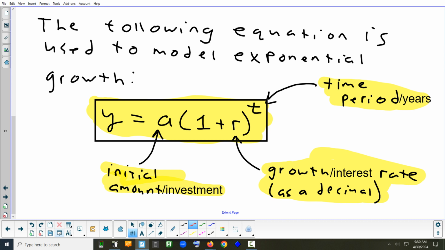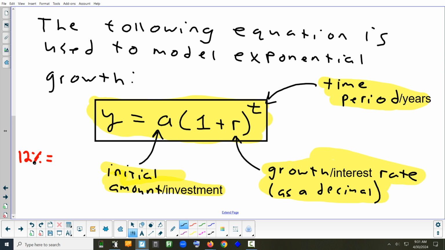Now, under growth rate, what does it say in parentheses about the growth rate? It has to be a decimal. So if you had something like 12%, does anybody know how you change the percent to a decimal? You divide by 100, which basically takes your decimal point and does what to it?